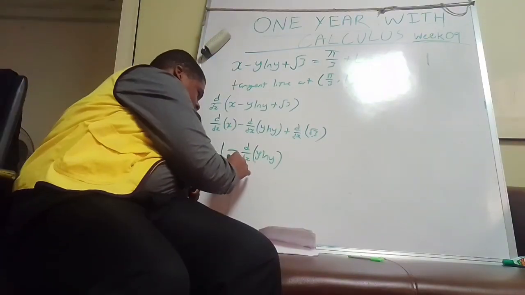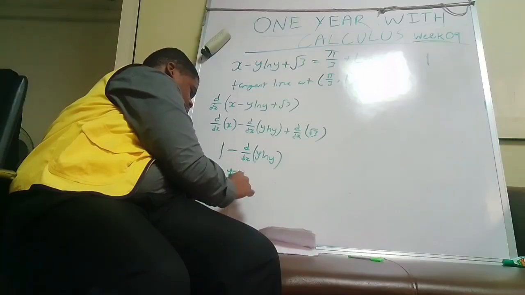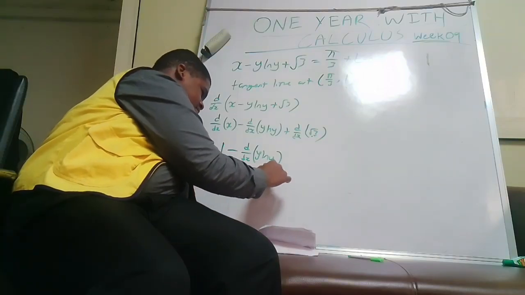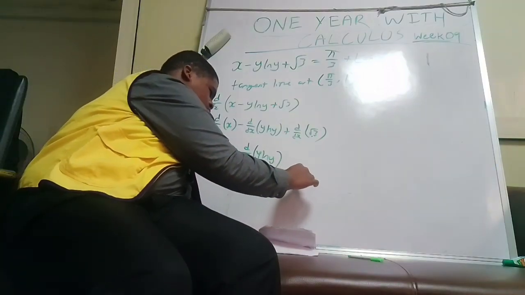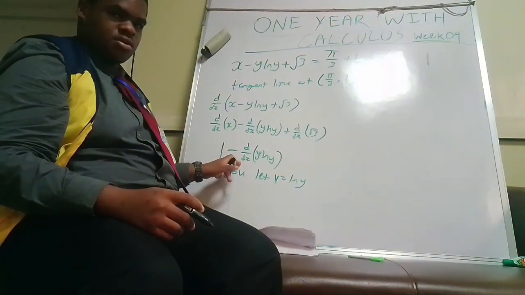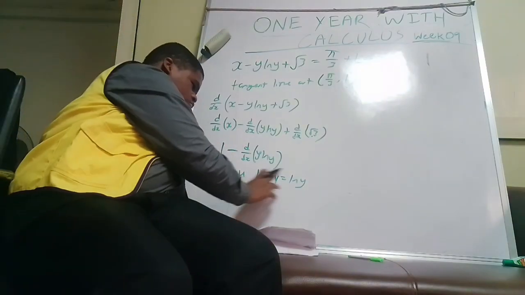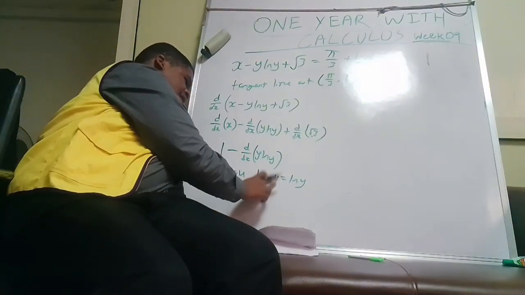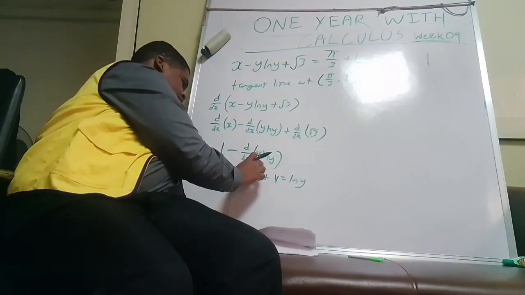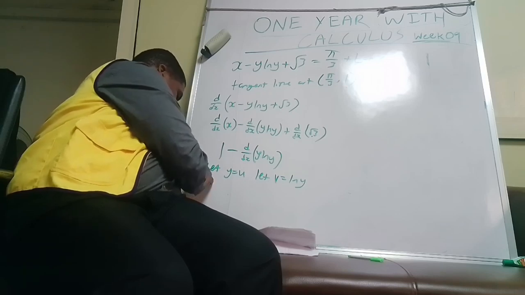So I'll say let y equal u and let v equal ln y. Remember, we're differentiating with respect to x, but let this just be this. If y is equal to u and v is equal to ln y, then what we're looking for here is the derivative of u times v with respect to x.